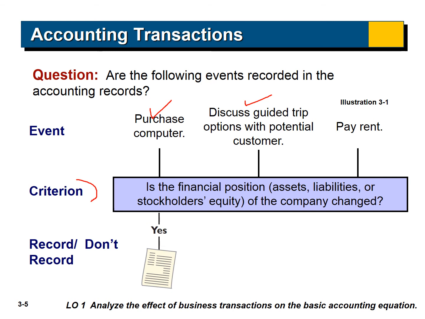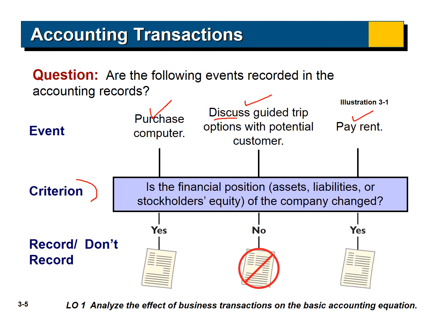The discussion of it doesn't. So the answer is no. Now, if they would go ahead and purchase a trip, that would be different. That would be a transaction. The third one is to pay the rent. Does that change the financial position? Yes, you have to pay cash for that. So that's going to change your financial position. You have less cash now.